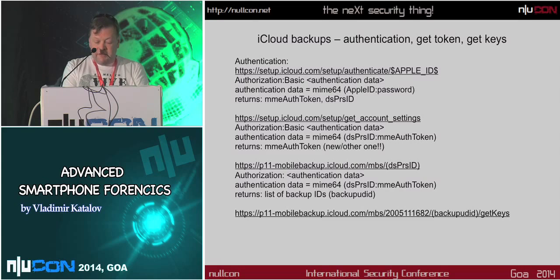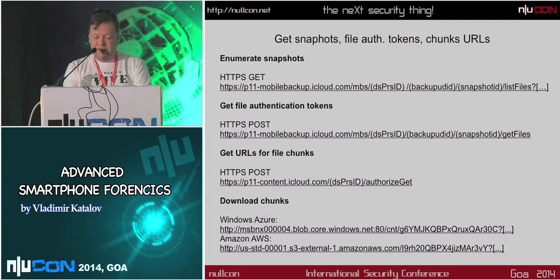And then with the next command, we get the list of backup IDs for the given Apple ID, because you can have multiple devices connected to the same Apple ID. And then for every one of those backups, we need to send another command to get the encryption keys.